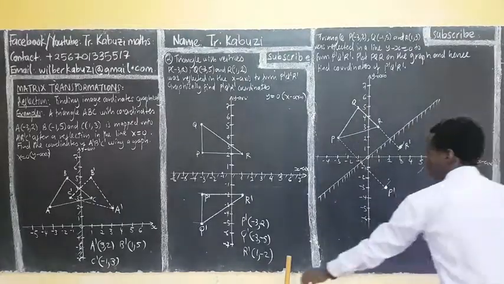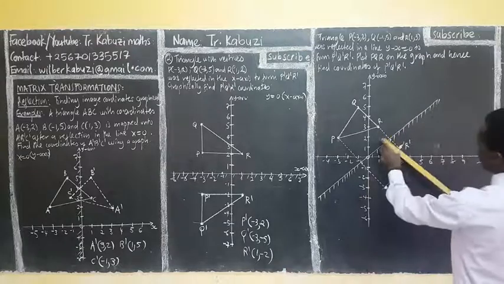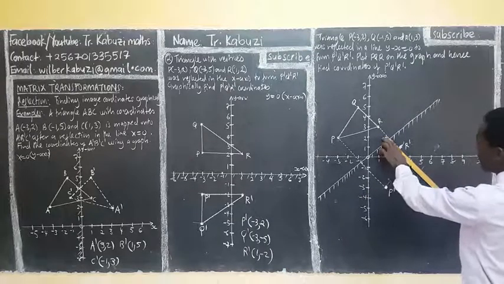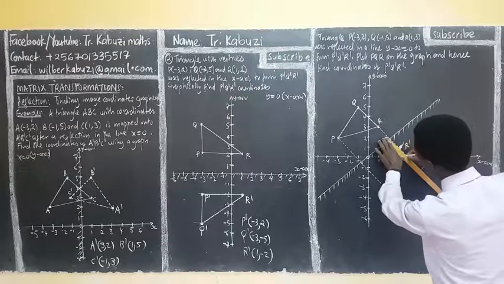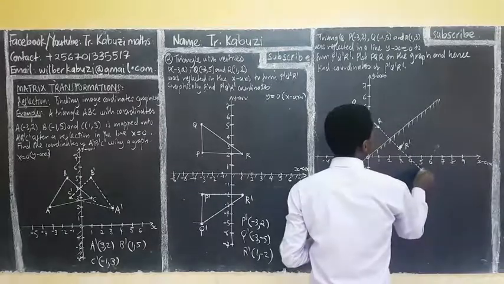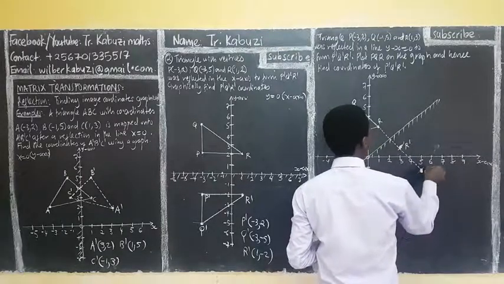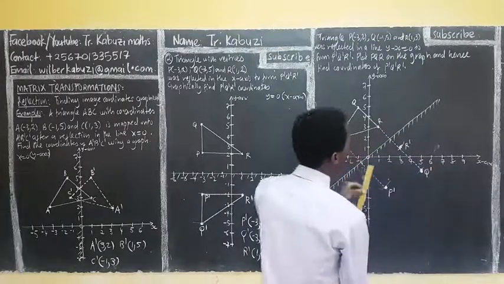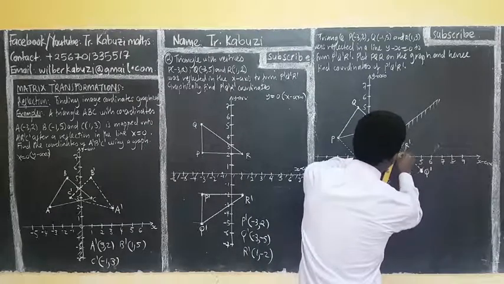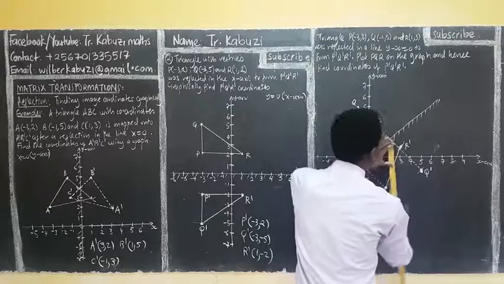Then you get a ruler and you join. That's where your Q is going to be. You just join there. So where it passes, this is going to be now my Q prime. Then you join this triangle, P prime, Q prime, R prime, like that.